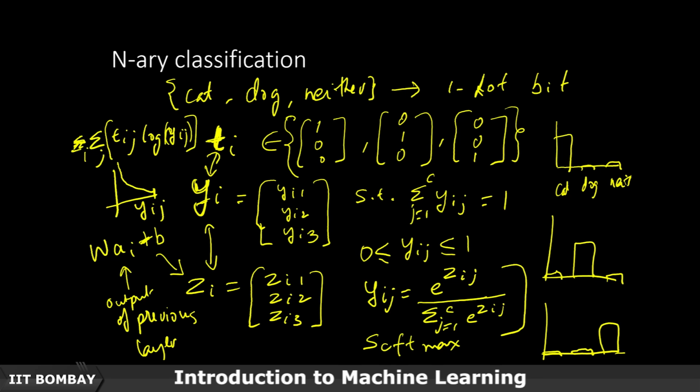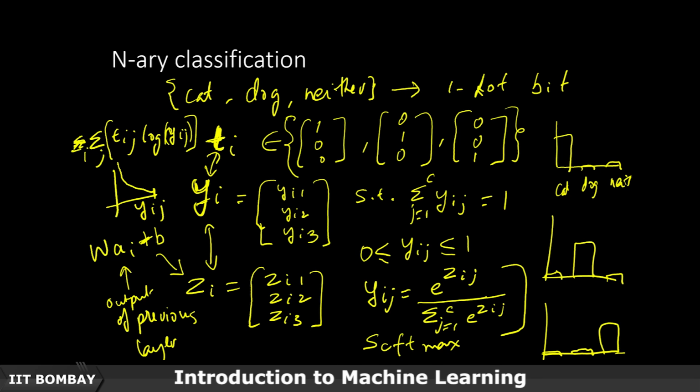If we divide the numerator and denominator by e to the zi1, for example, then we will get that form where we will have 1 by 1 plus e to the power minus zi2 minus zi1. So it has a close connection, or it's just a simple extension of the logistic function. That is what the softmax activation is.